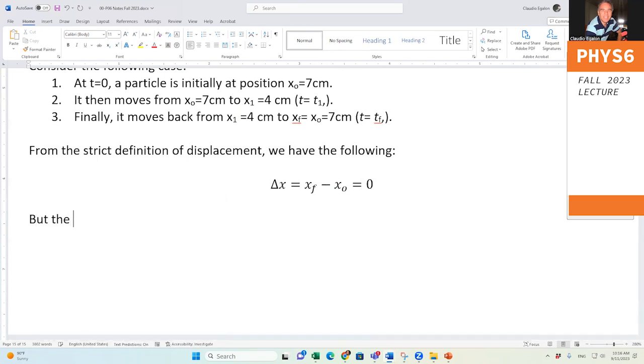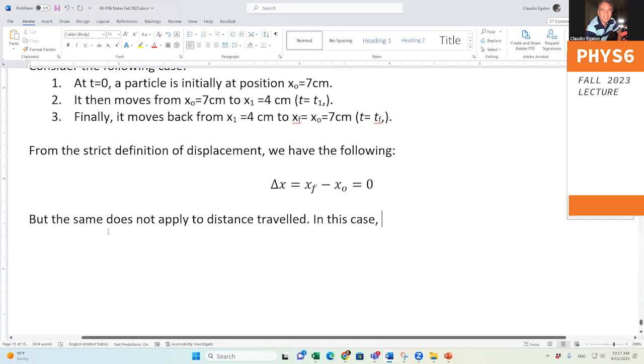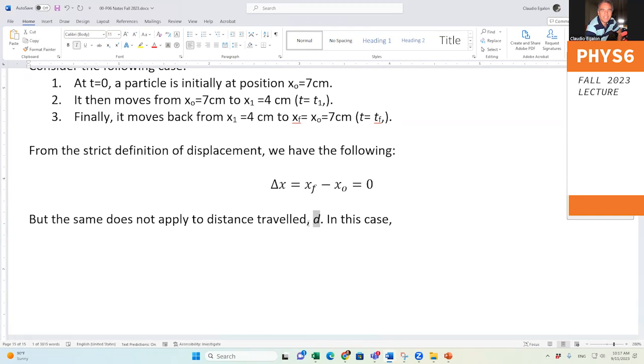But the same does not apply to distance traveled. In this case, the distance traveled d is going to be 7 to 4, which is 3 centimeters, plus 4 to 7, 3 centimeters as well.